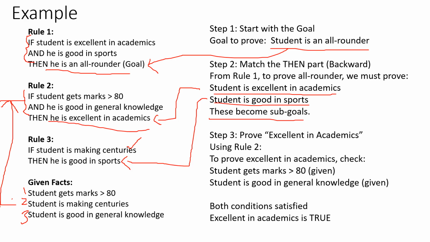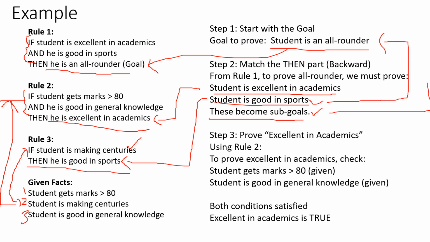Yes, it matches with the second one. So that is true, which means this subgoal is true. Now we have proved that these two subgoals are true. True means that whatever our goal is, that is true. That is, the student is an all-rounder is true.